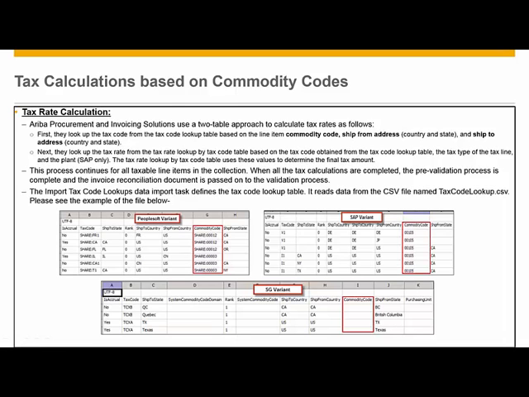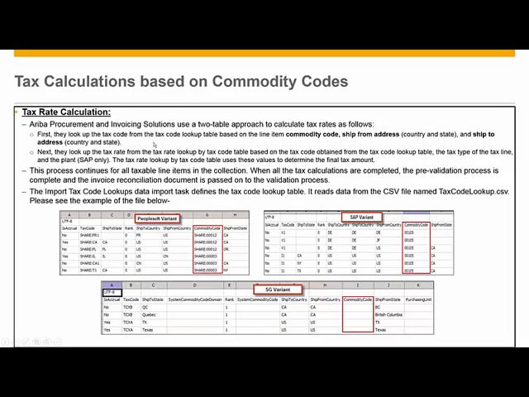Finally, the expected tax on incoming invoices is also calculated based on commodity codes, amongst other criteria. In particular, Ariba uses a two-step process to derive the expected tax. First, the system will look at the incoming invoice and examine the commodity codes. Then it will take a look at where the goods are coming from, the ship from address, and where they're being sent, the ship to address.